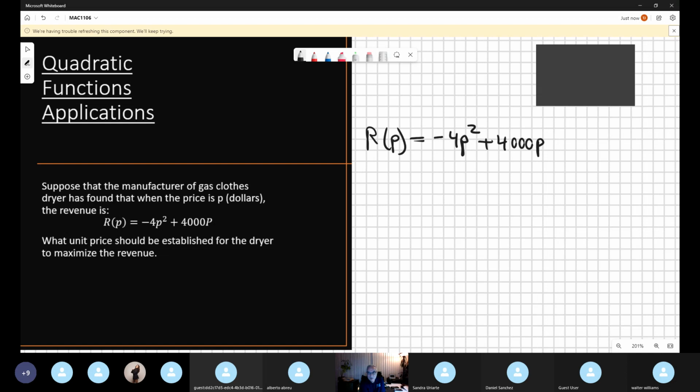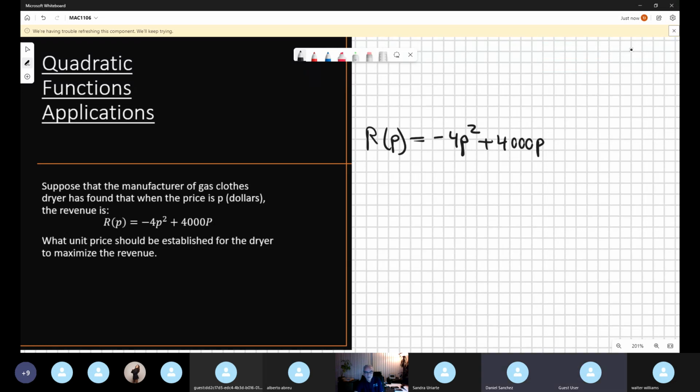Question number 1. Is it a quadratic function or no? What is the clue that gives me yes or no? Yes, it is a quadratic function. Exactly. It is squared. This is the clue. This two is the clue that it's quadratic. If it were no 2, it would be linear, but it says quadratic, it's a parabola. So my next question is, is it expressed in standard form or another way?